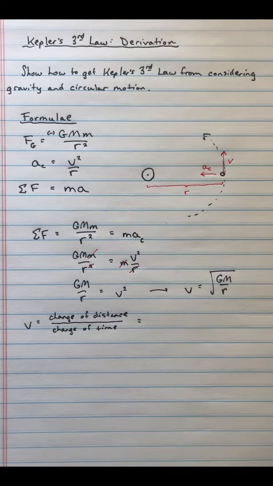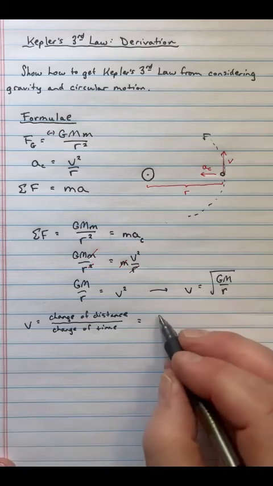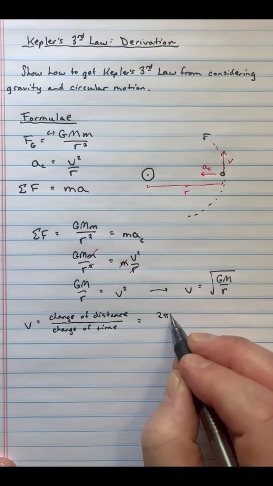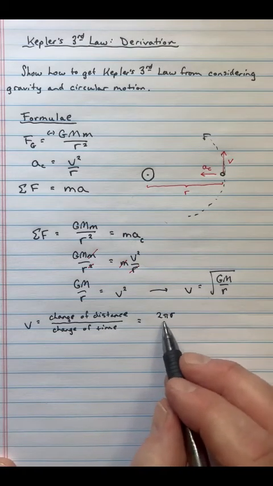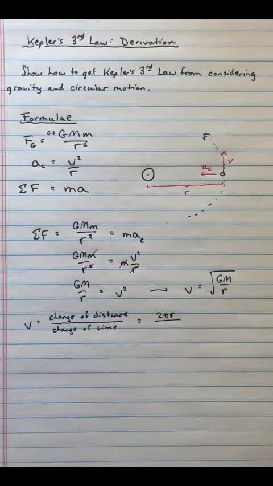That's the circumference of a circle. Circumference of a circle, if you remember the formula, is 2 pi times radius, or r. By the way, that's why we're using the r to stand for this distance, as opposed to say d for distance. It's a radial distance. It's a radius of a circle, right? So why not just cut to the chase and call it r? Okay, so 2 pi r.